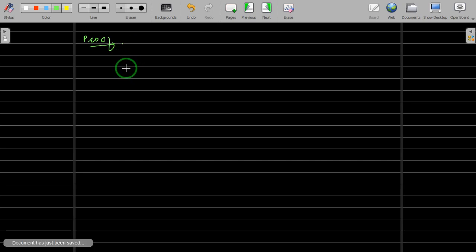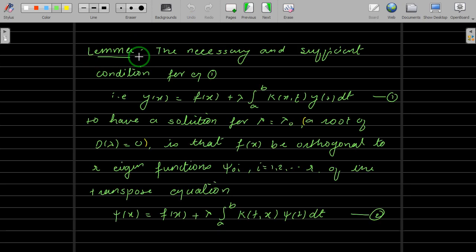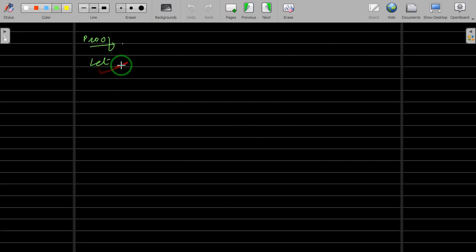Now let us suppose that equation 1 has a solution. Necessary and sufficient means it is as good as an if and only if statement.